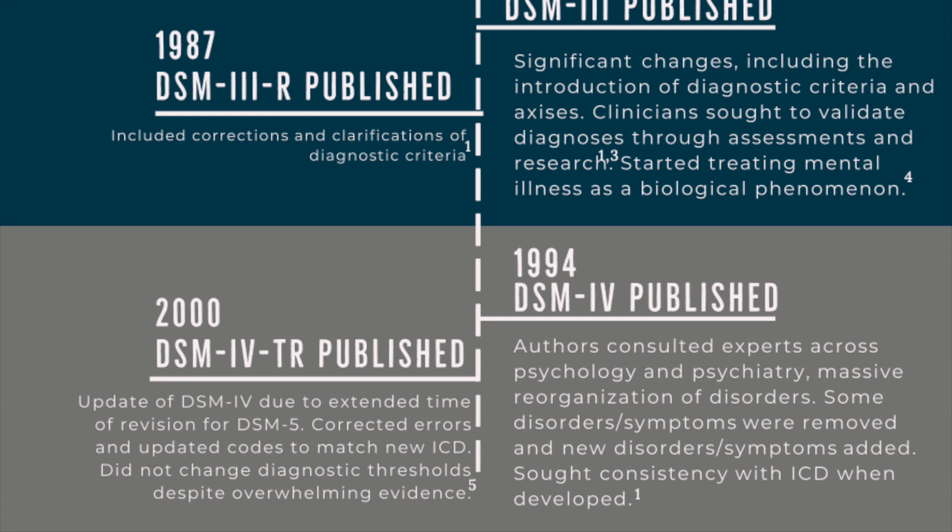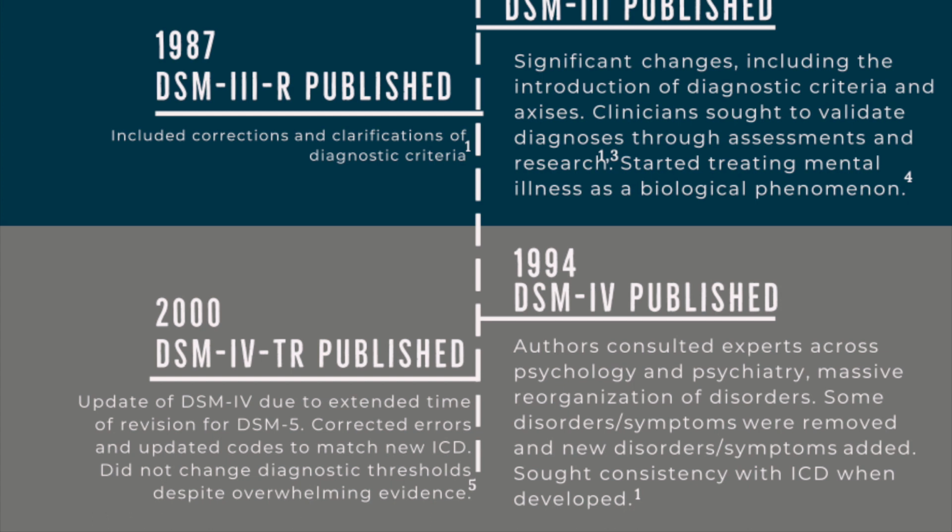So in 2000, the DSM-4 text revision was published. When I was in college, this is what we were using, even though I was not in college in 2000. You'll see why in a second. It was updated because we got 6 years later, and research is flourishing at this time, but it's not going to change that much.